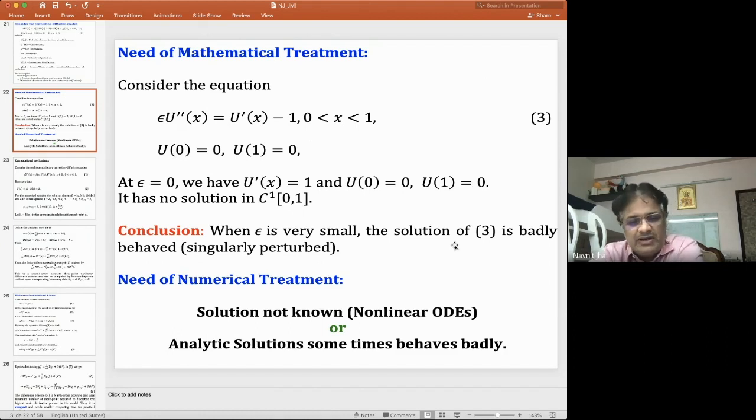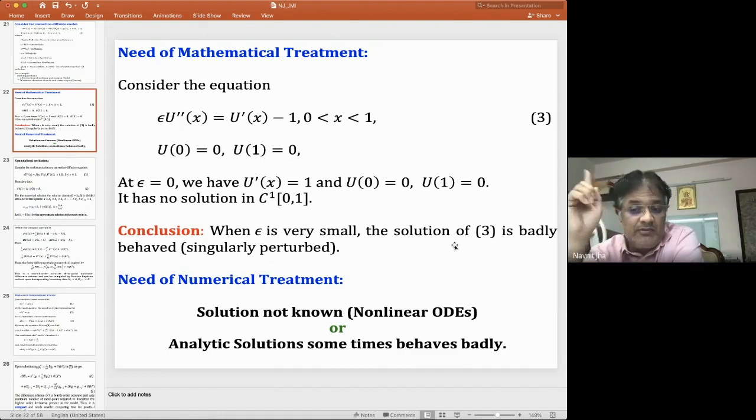Just for explanation purpose, I have directly substituted epsilon equal to 0. But what happens when we are using a finite machine, that is, when we implement it in an algorithm and epsilon is taken to be very small? Suppose epsilon is taken as 10 raised to the power minus 5, and I restrict the computing facility so that it calculates only up to 3 digits after the decimal, just for understanding purposes.